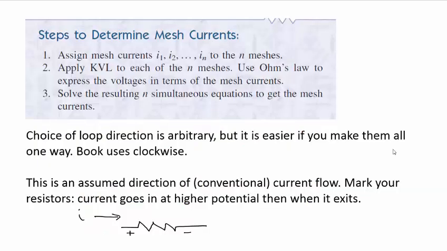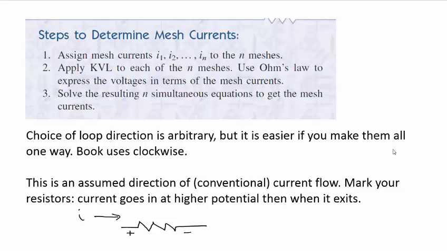Like when we did nodal analysis, I gave you the procedure to follow, just like your textbook does. So here are the steps to determine mesh currents. We are doing loop analysis to determine currents. Remember, nodal analysis is node equations which determine node voltages.